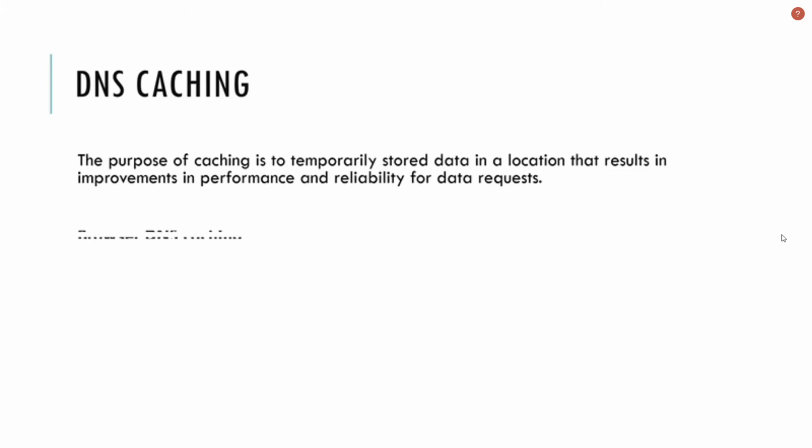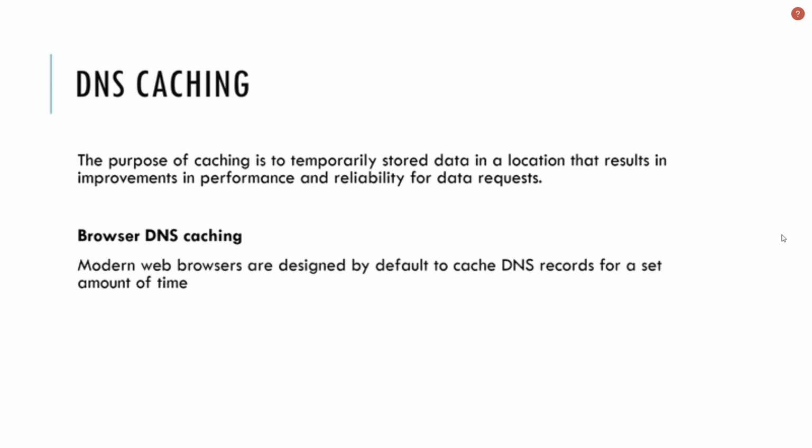Caching can be done at two levels. One is browser DNS caching, in which browsers like Chrome or Firefox store the IP addresses of your most frequently visited websites. But those saved records have a time limit, after which they simply get deleted by the browser.